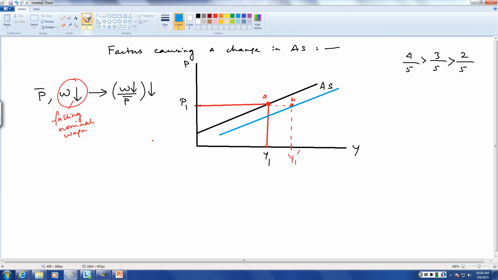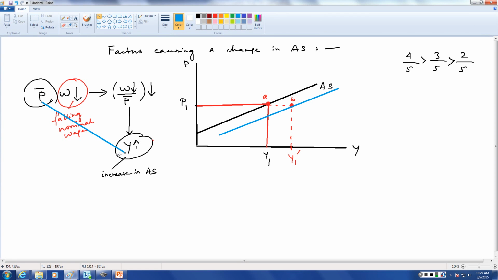So this leads to an increase in the production of real GDP, and that is our increase in aggregate supply, because this is happening at a constant price level. So what we are doing here is bringing these two together. Same price level, bigger output of real GDP. This must, of course, be a rightward shift of the AS curve, right?